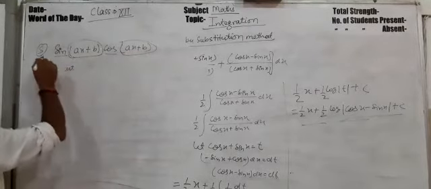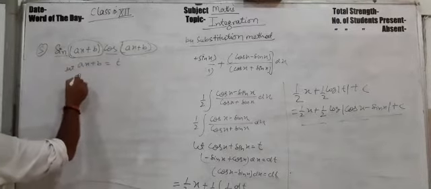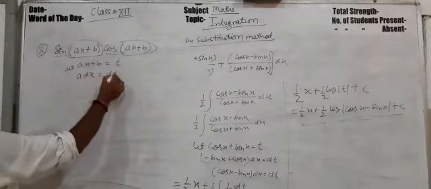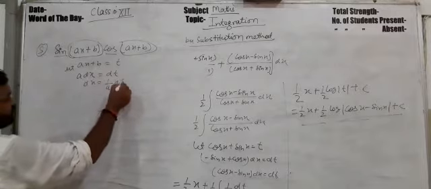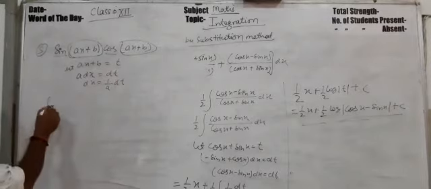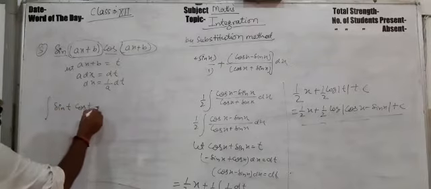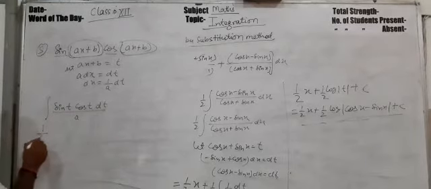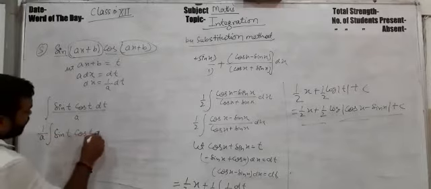Let this ax plus b is equal to t. So this becomes a times dx, b becomes 0, is equal to dt, meaning dx reduces to 1 by a times dt. So our integration becomes sin t cos t into dt upon a. So 1 by a comes out of the integral, reducing to sin t cos t dt.